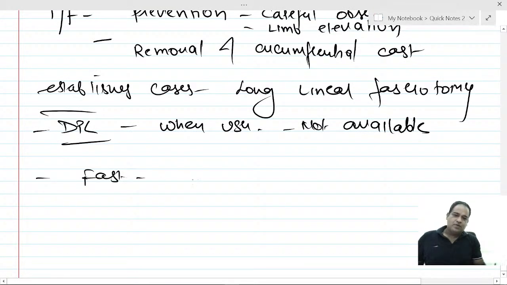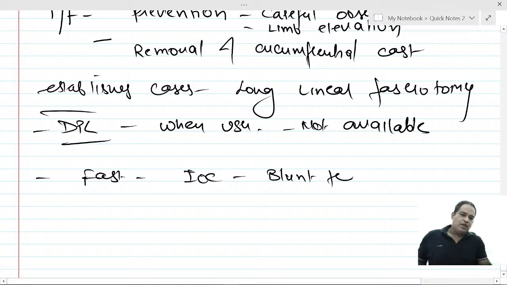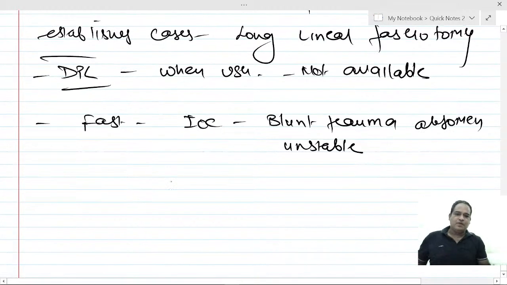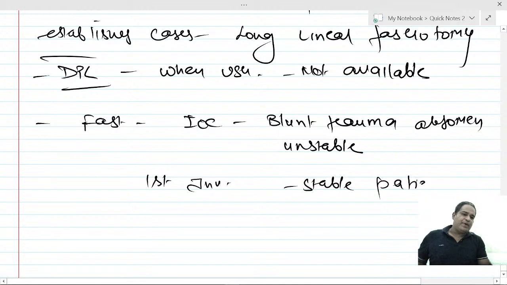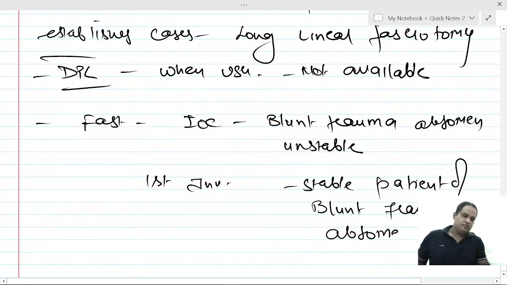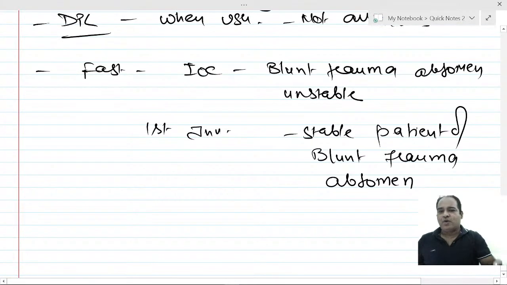FAST is the investigation of choice in blunt trauma abdomen if the patient is unstable. It is the first investigation in a stable patient of blunt trauma abdomen.